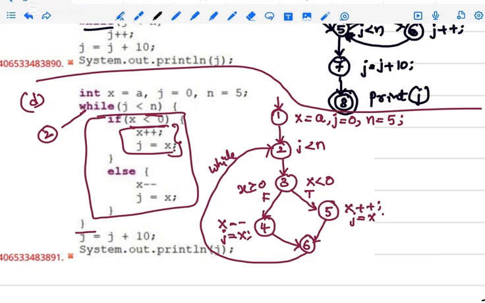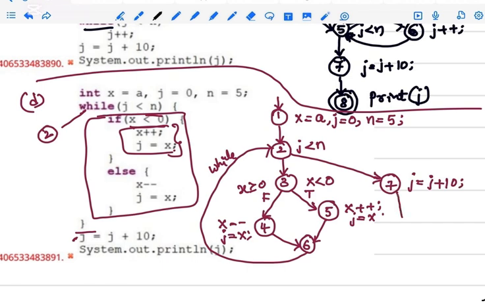After this completion, the loop is executed a finite number of times. It will reach the next node from node 2, that is the 7th node. So from node 2 to 7, at the 7th node, the statement j equals j plus 10.